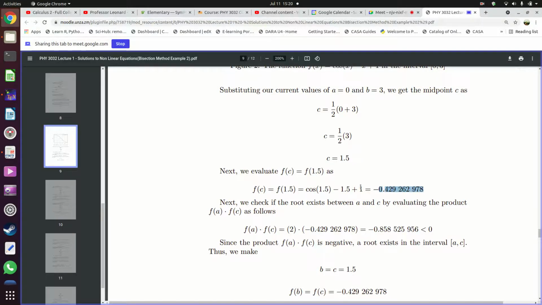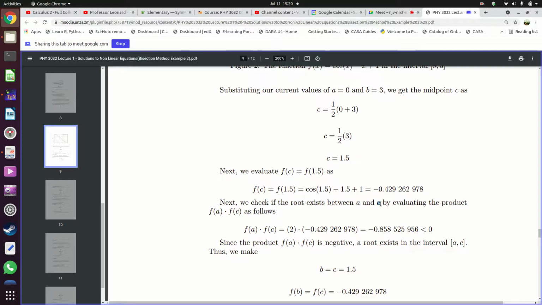So the function has got a negative value at C, minus 0.429262978. So with this, the next step is to check if there is a root between A, which is our lower boundary, and the midpoint.